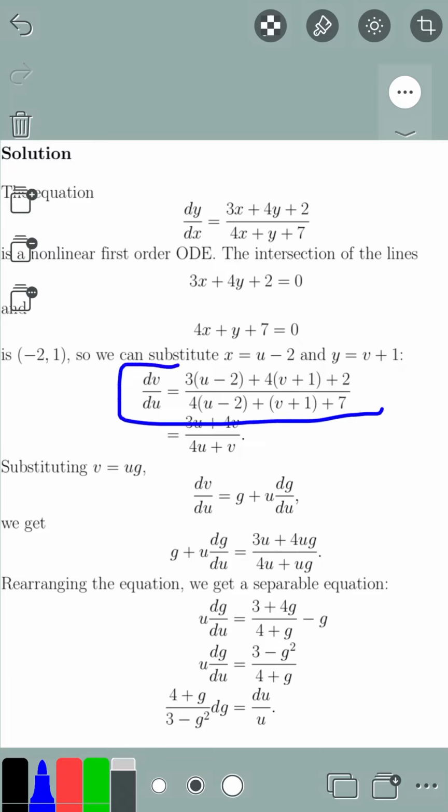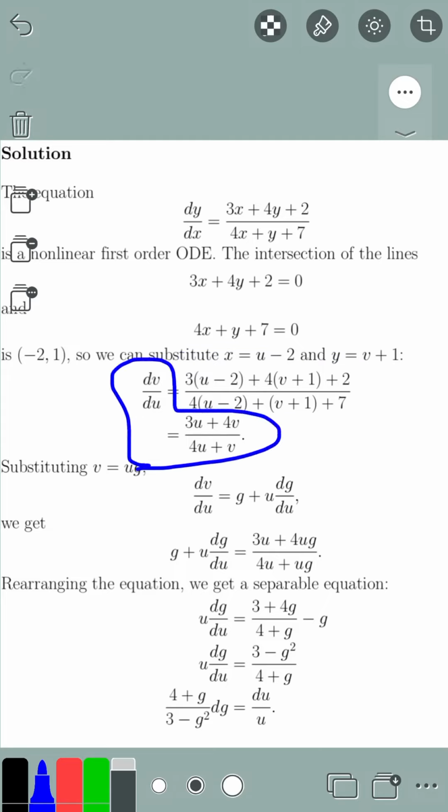You just plug in x equals u minus 2 and y equals v plus 1, simplify, and you get this equation.